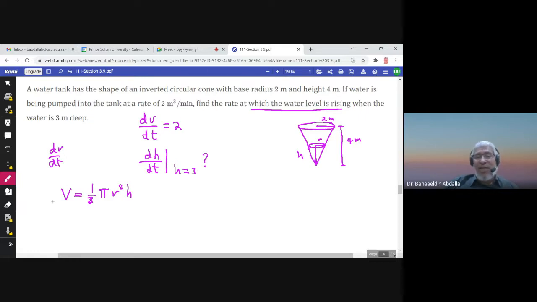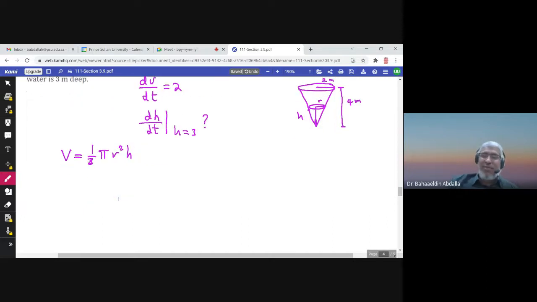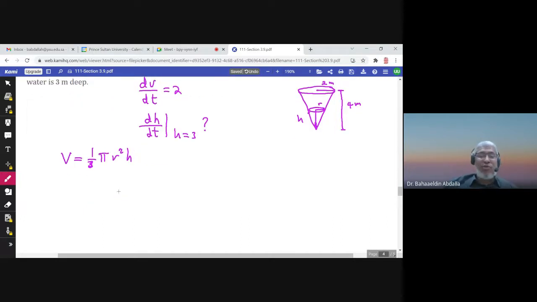So if I find the derivative now of this equation, there would be dr by dt, and I know nothing about dr by dt. So what should I do? Well, I should remove r from this equation. I should write it in terms of one of the other variables. Do you understand this?